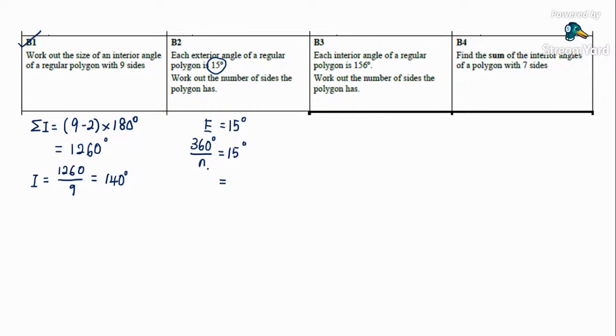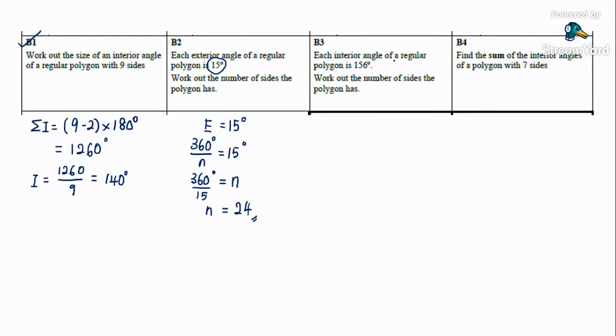So I change the place: I take 360 divided by 15. That will give me the number of sides, which is equal to 24. So I write down the answer 24 here. You can see if you memorize the formula, everything goes very easy.